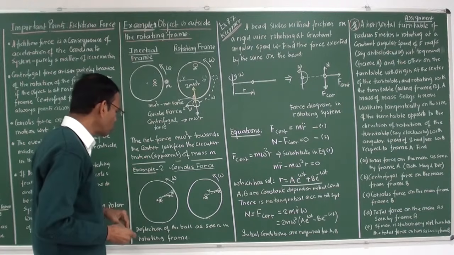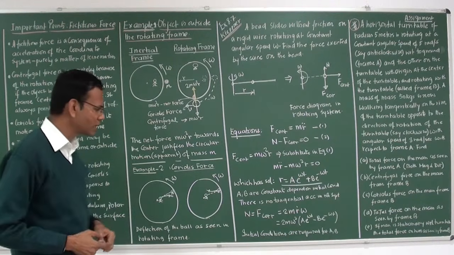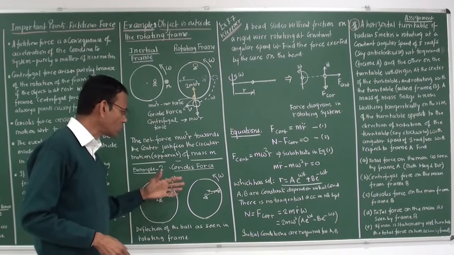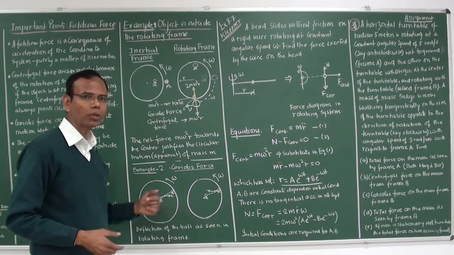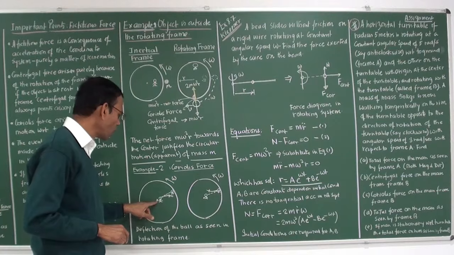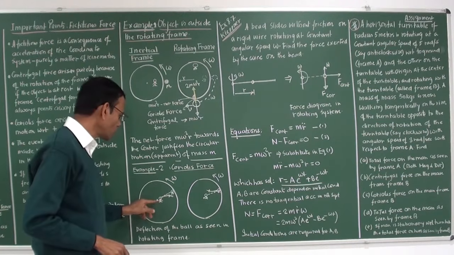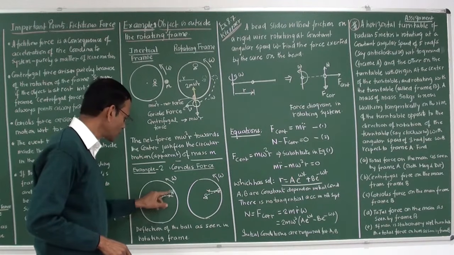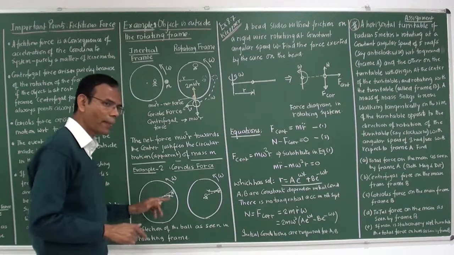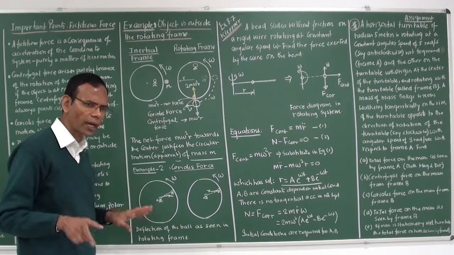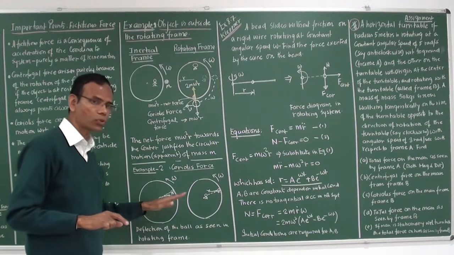Alright, example 2, it is often given in many places or in videos. Some very interesting videos are there, and you must go on the internet and see the videos on Coriolis force. There are two men, one man throwing a ball to the other. The moment he throws the ball in this direction, there is a Coriolis force which will act.